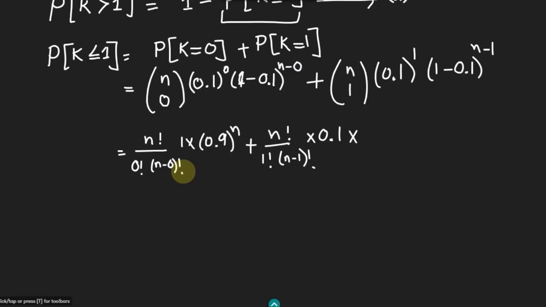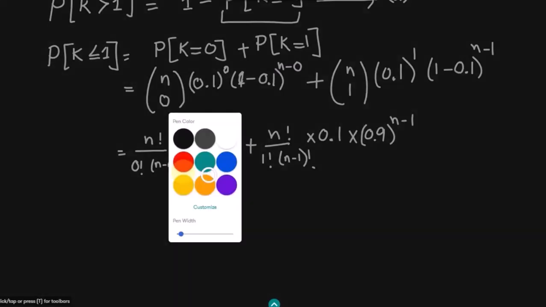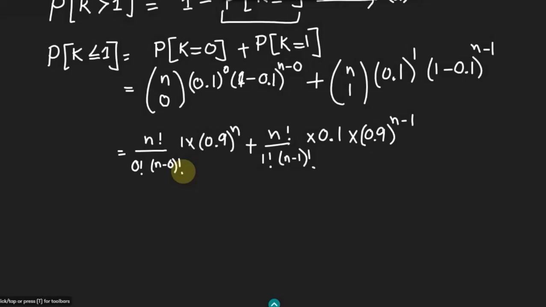And here 1 minus 0.1 is 0.9 to the power n minus 1. Here we can very easily see that this will be cancelled out with this one, and writing them, I will get 0.9 to the power n.